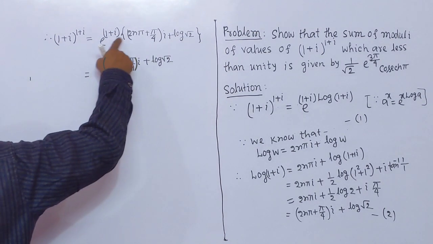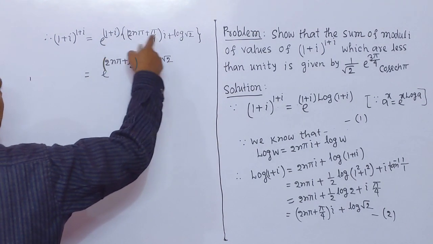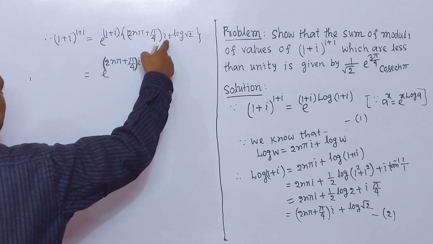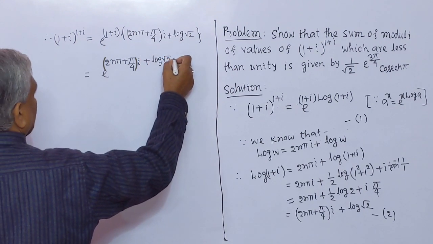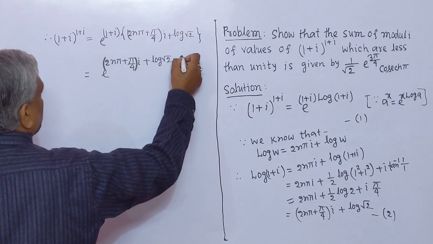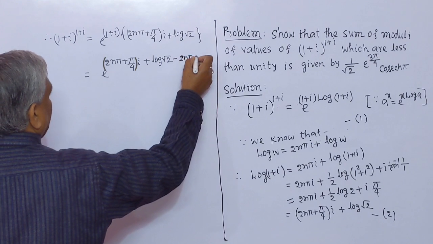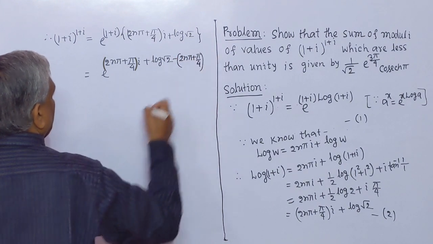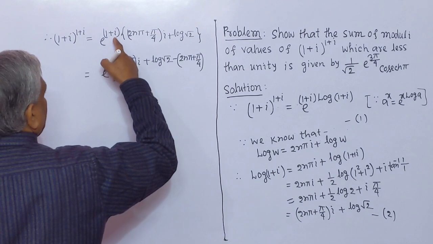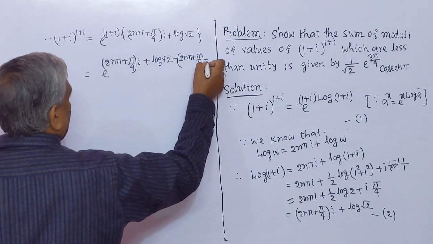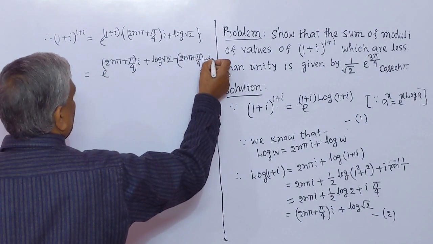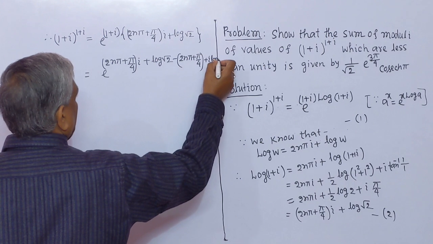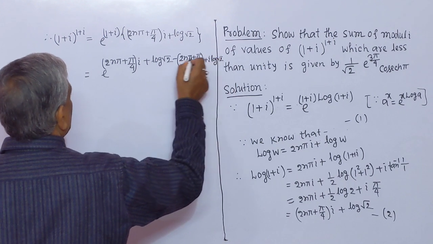Now we multiply the bracket by i: i times i is i square, which means minus 1, so minus (2n pi plus pi by 4), and plus i log square root 2.